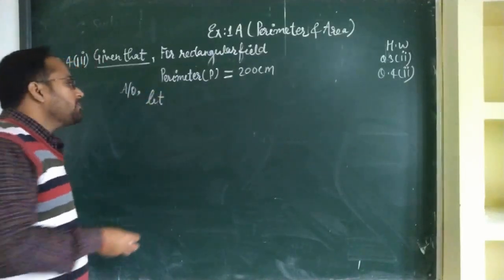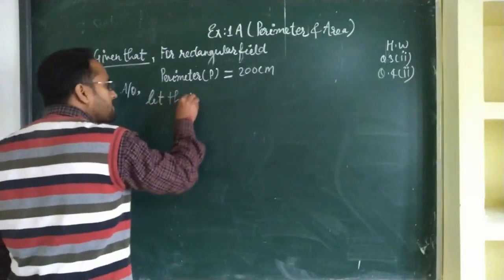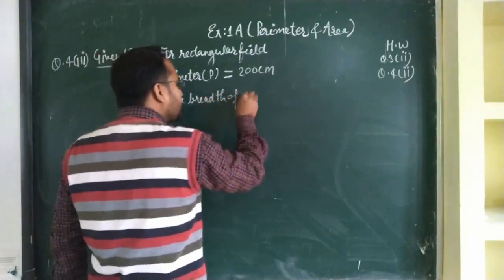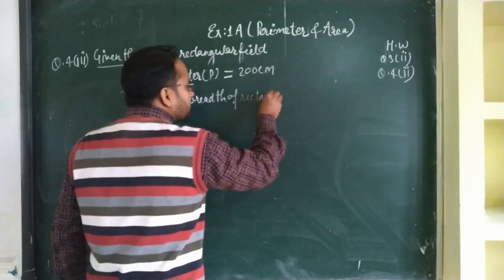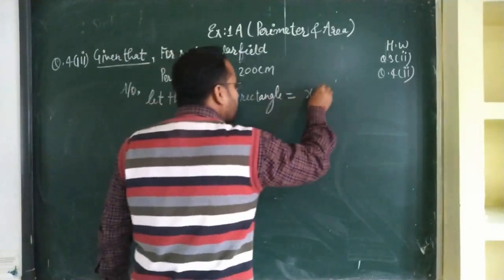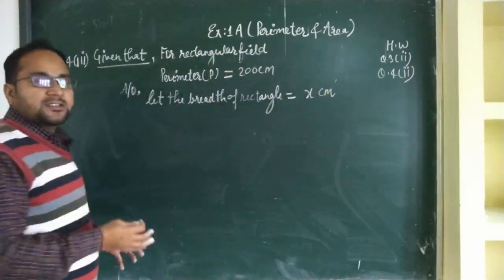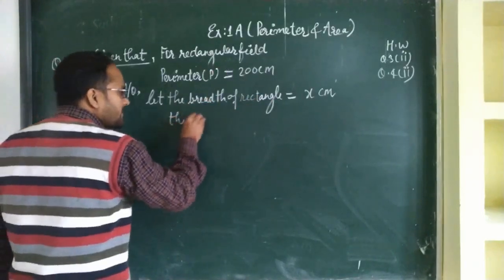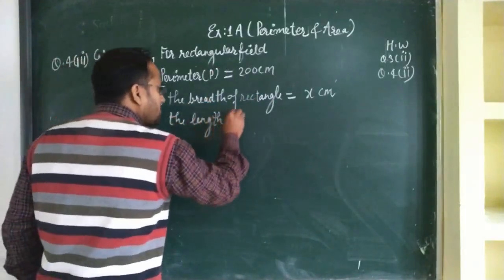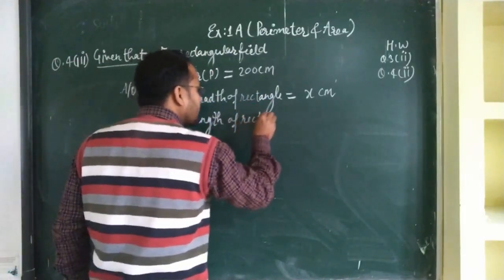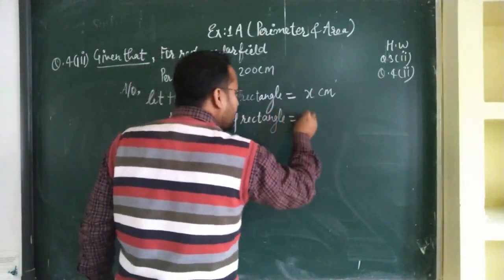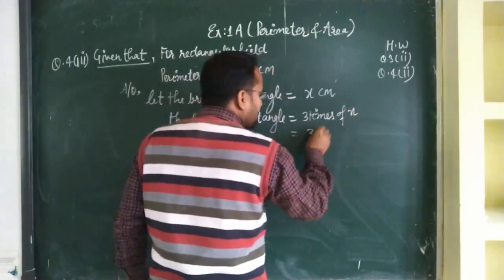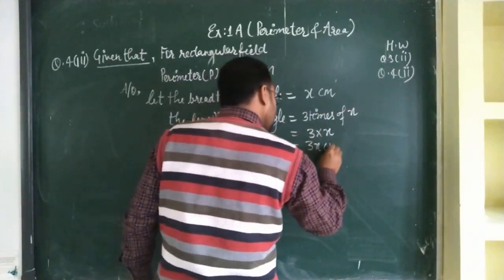That means you can suppose the breadth of the rectangular field is x centimeter. The length is 3 times this breadth, so the length of the rectangle is 3 multiplied by x. You will get 3x centimeter.